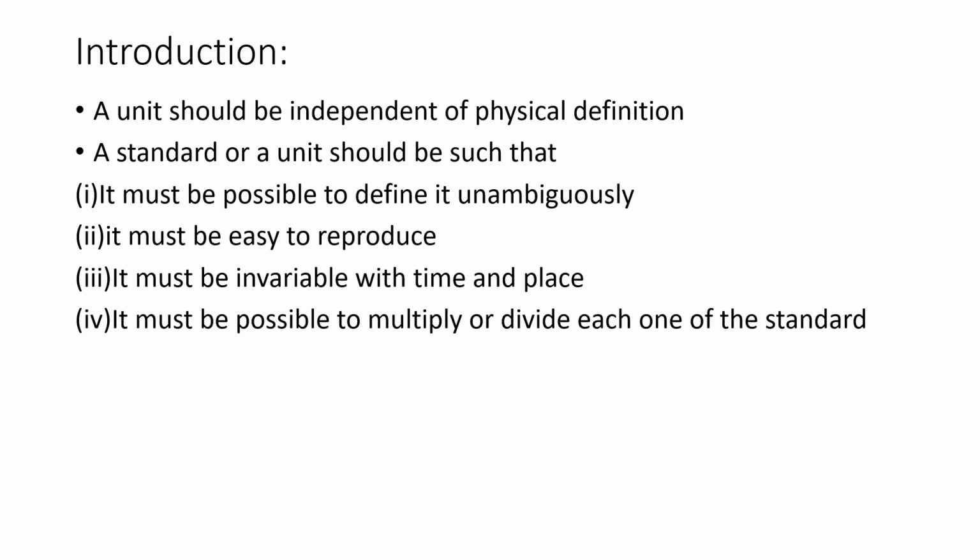If I say 1 meter, it should mean the same length all over the world. A standard or a unit should be such that it must be possible to define it unambiguously. It must be easy to reproduce.